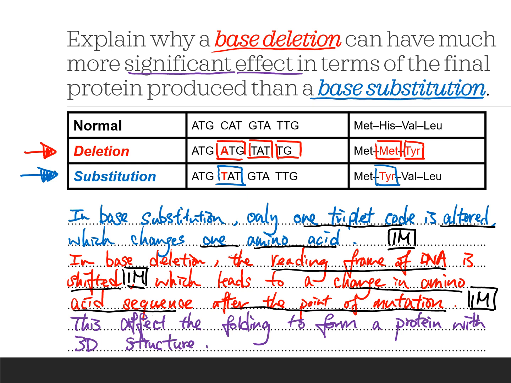And this changing of amino acid sequence affects the folding to form a three-dimensional structured protein. You get the fourth mark, the last mark.